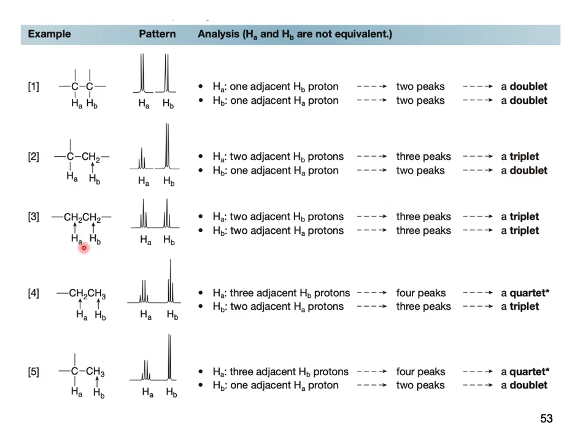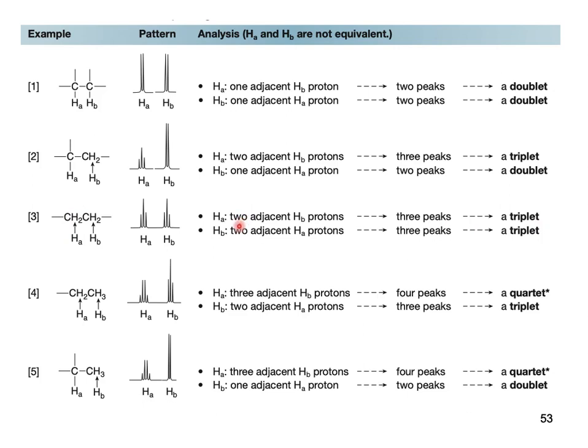In this one, Ha and Hb are two different types of proton. Ha has two adjacent Hb protons, 2 plus 1 is 3, three peaks, a triplet. And Hb has two adjacent Ha protons, 2 plus 1 is 3, three peaks, a triplet.